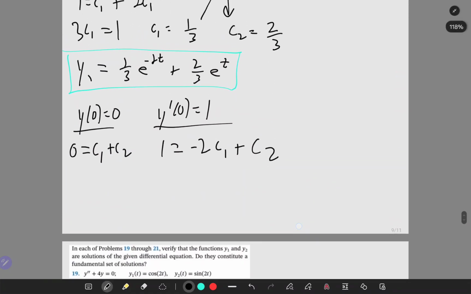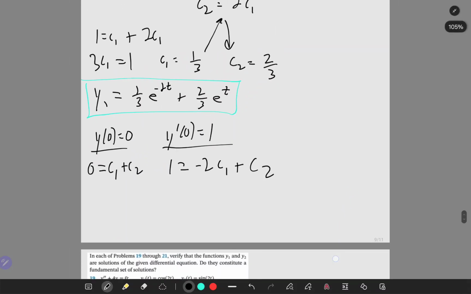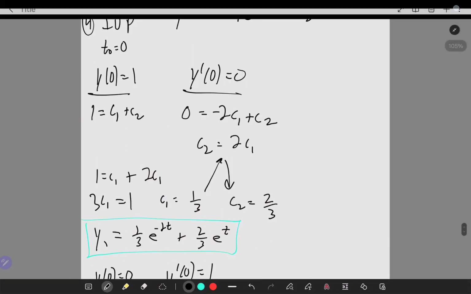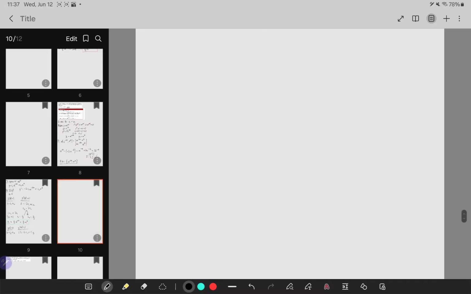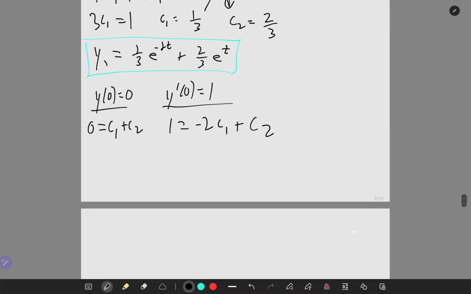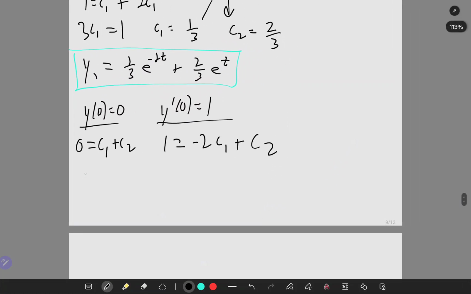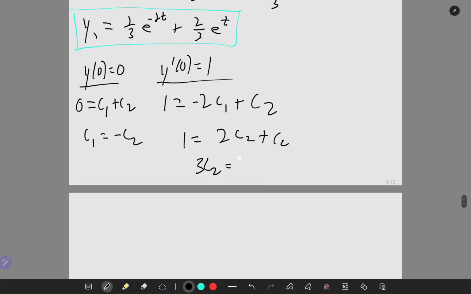So this one's really easy to solve with substitution once again. So we can easily solve, c1 is equal to negative c2. So then 1 is equal to positive 2c2 plus c2. 3c2 equals 1. c2 is equal to 1/3.